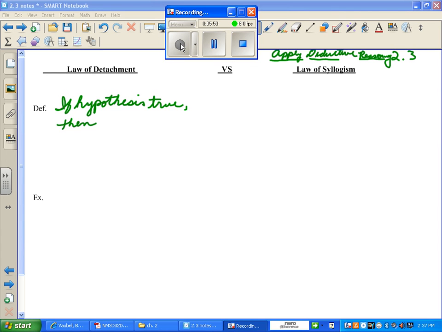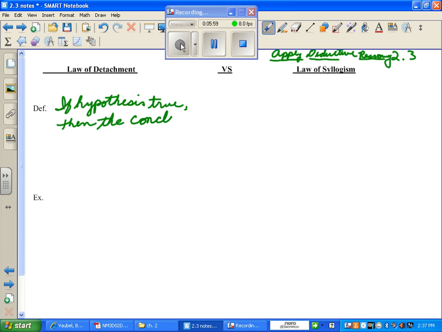Let me restate that. If the hypothesis is true, then the conclusion is true. So we have a true statement for the hypothesis and a true statement for the conclusion.